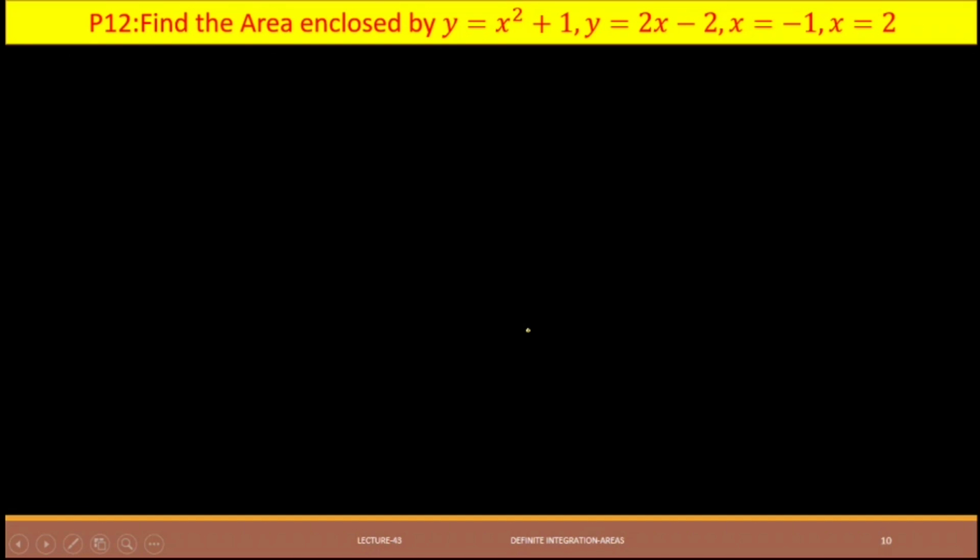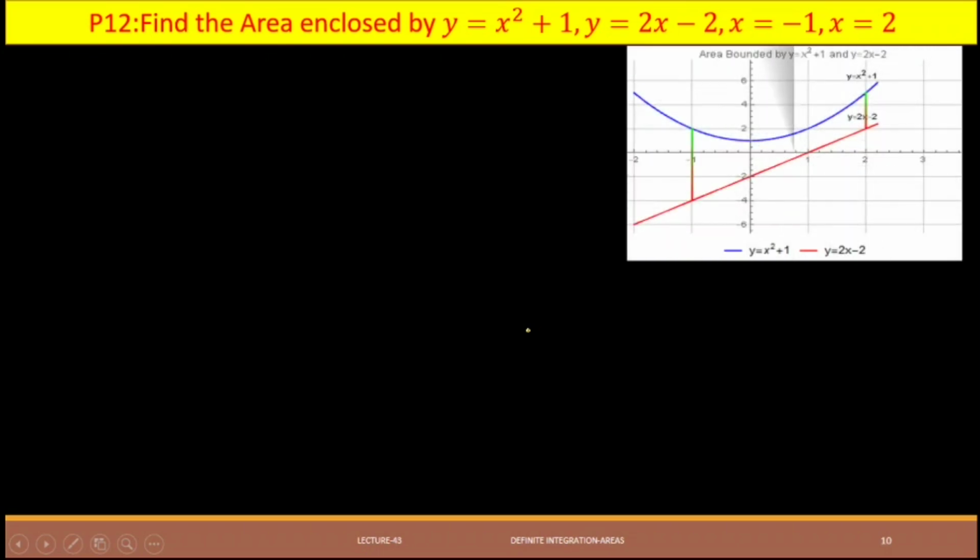You know that y is equal to x square plus 1 is a parabola and y is equal to 2x minus 2 is a straight line. Of course you can plot that. x is equal to minus 1 is a vertical straight line and x is equal to 2 is again a vertical straight line. Now if I plot these four graphs, this is how the graph looks.